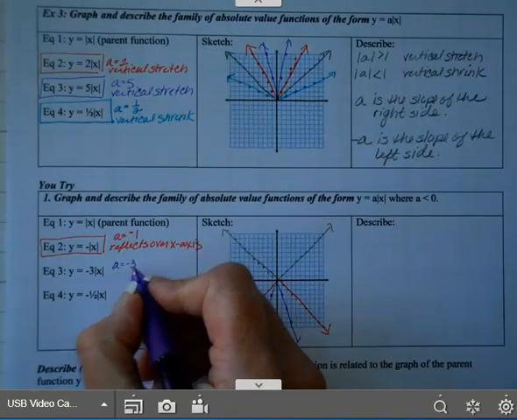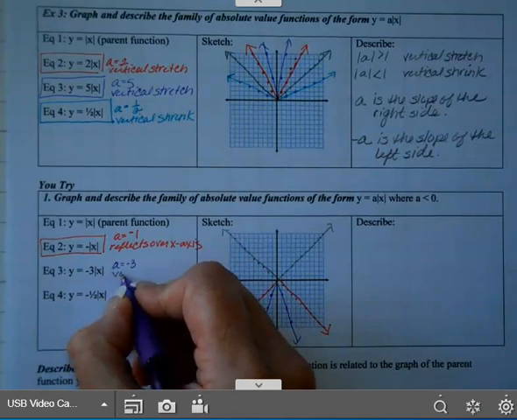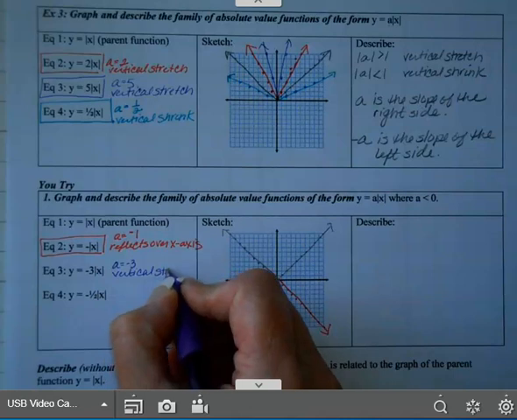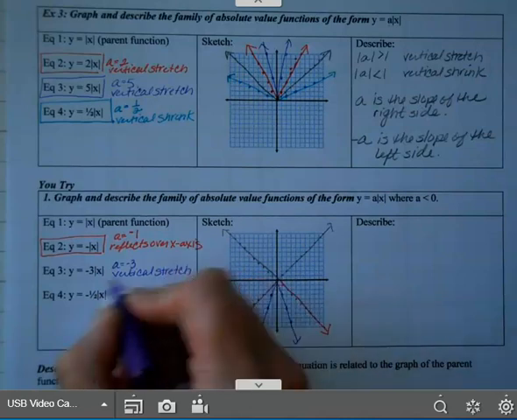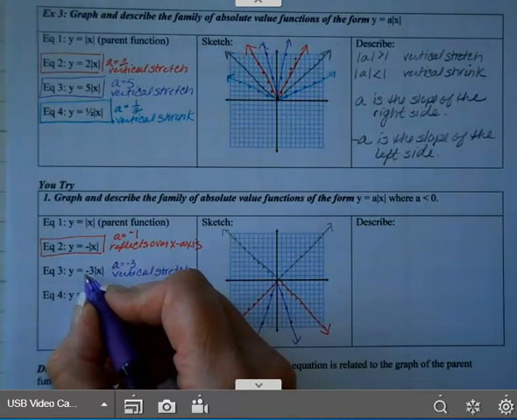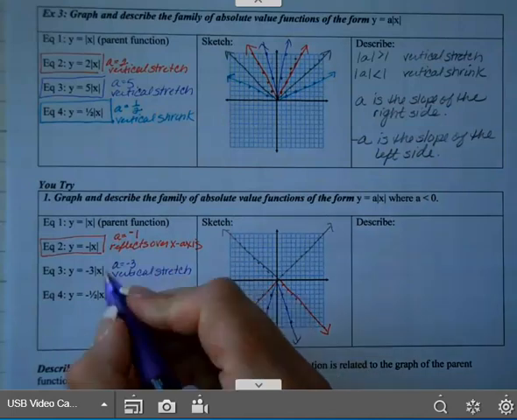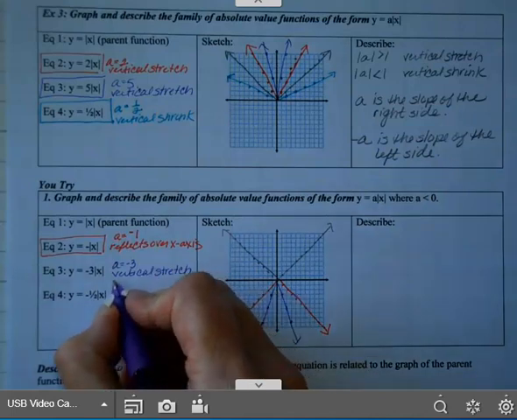So a is -3 as a vertical stretch. So notice the sign has nothing to do with it, whether it's a stretch or a shrink. The sign tells you that it opens down. It reflects over the x-axis.